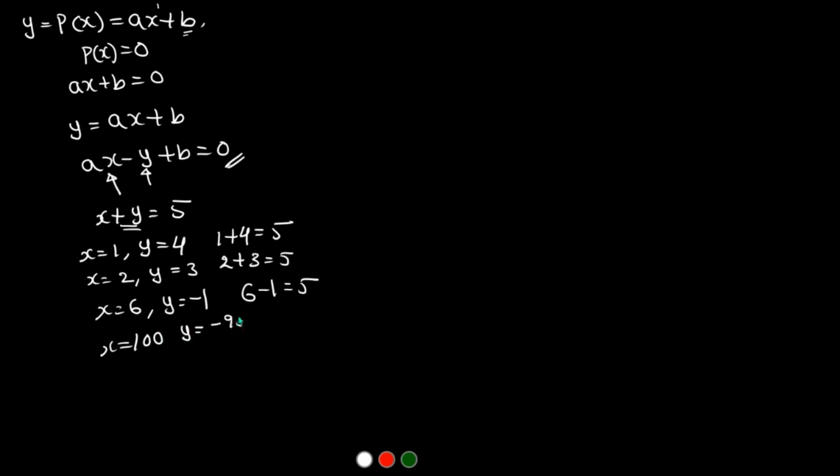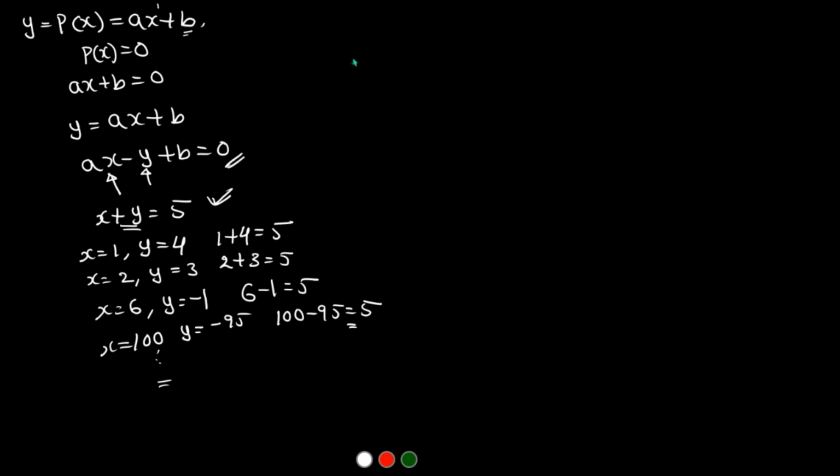Minus 95. So 100 minus 95, again it's 5. Like that, if you keep writing negative numbers also, like x is equal to minus 1, any linear equation has infinitely many satisfying points, right?